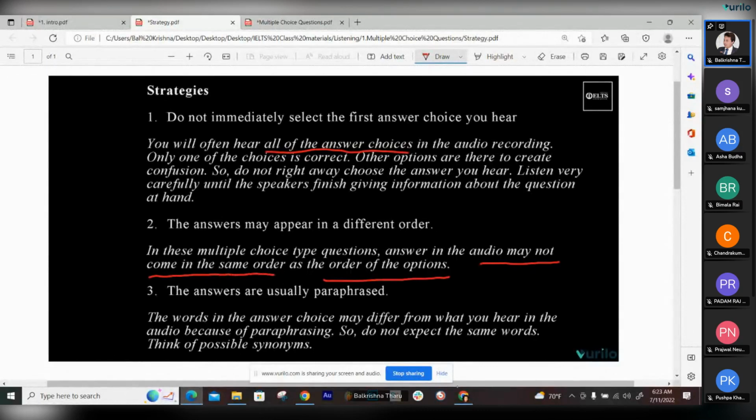The order of information in the audio and the order of the information in the options is not going to be the same.